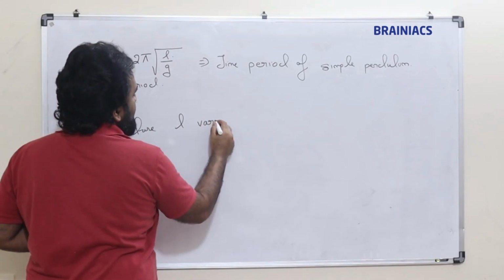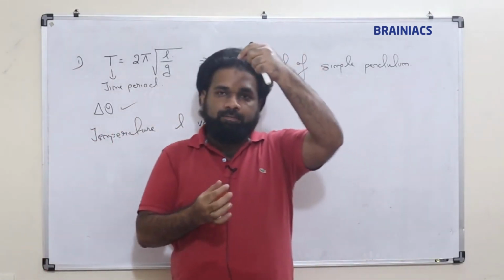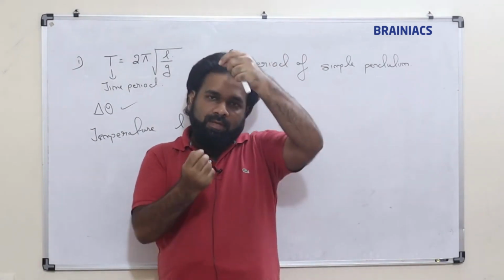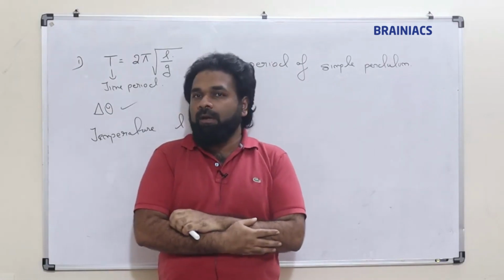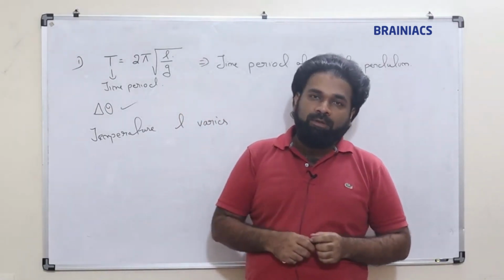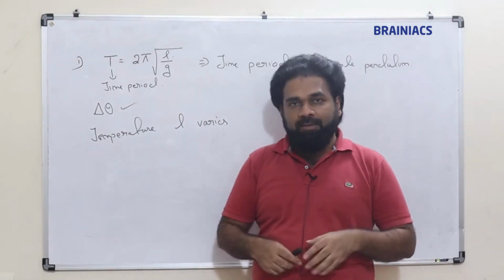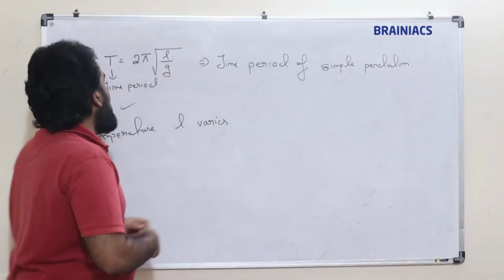The length of the pendulum will vary. A slight change in this length of the pendulum will definitely affect the time period. So how much will be the change in time period? How much will be the loss in time? How much will be the gain in time? All these things we need to see.